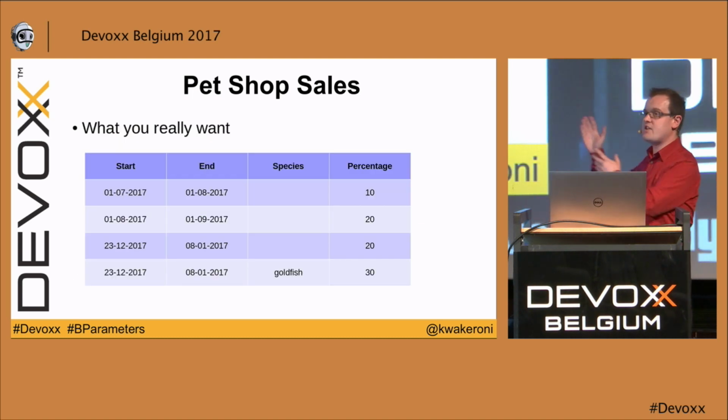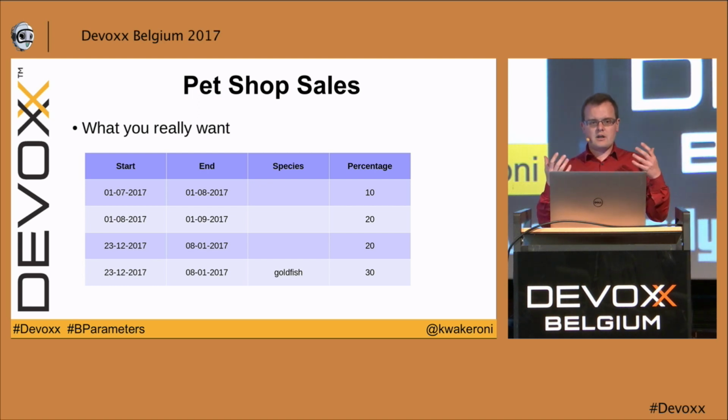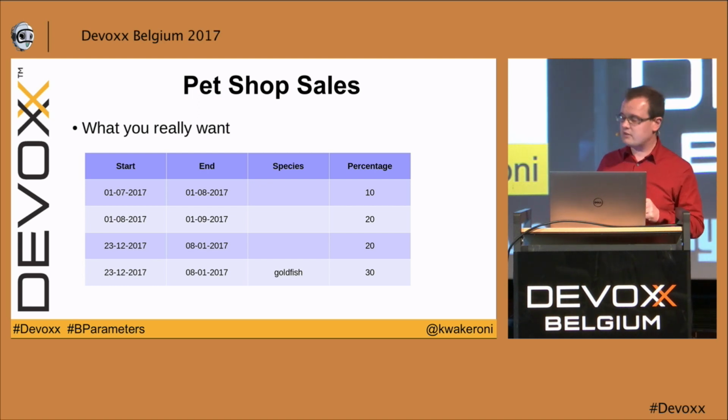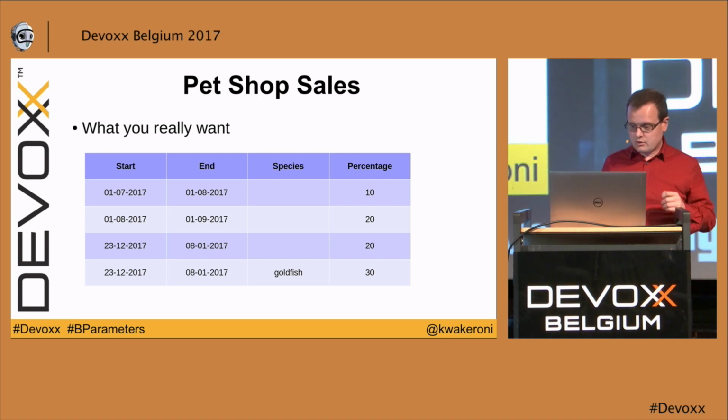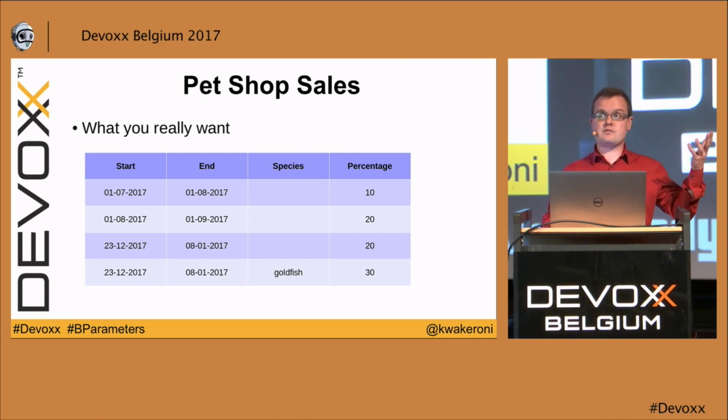What you really want is this: a table. It actually seems quite simple. This is a table where you encode what you want to represent. It seems very simple, but to do that you will have to develop a database schema to represent this, and you want your business users to manage that. So you will also have to implement some kind of user interface.